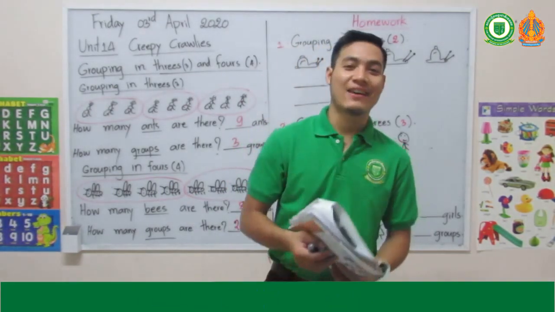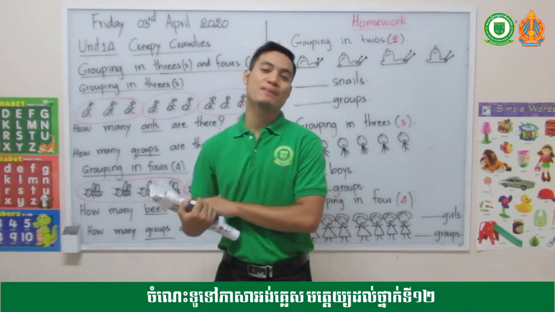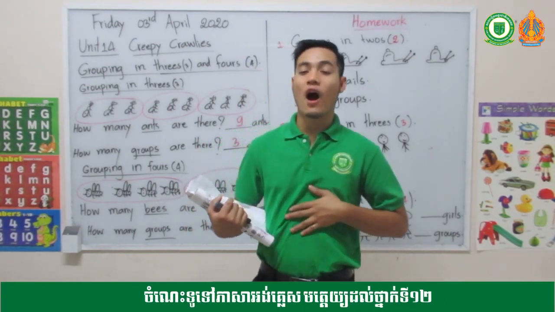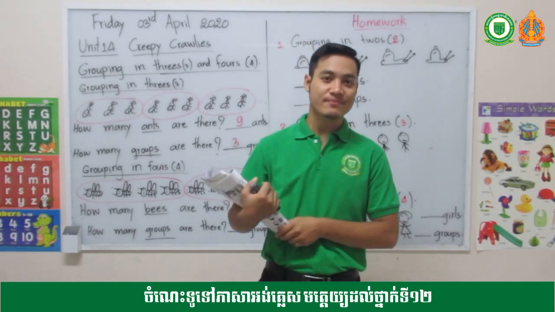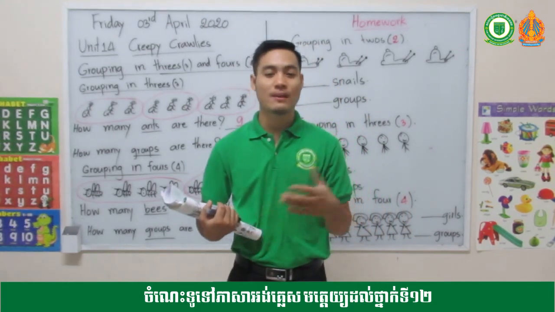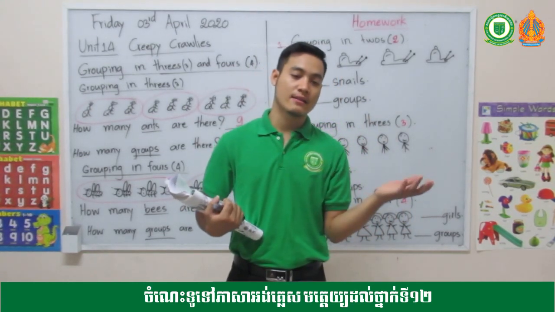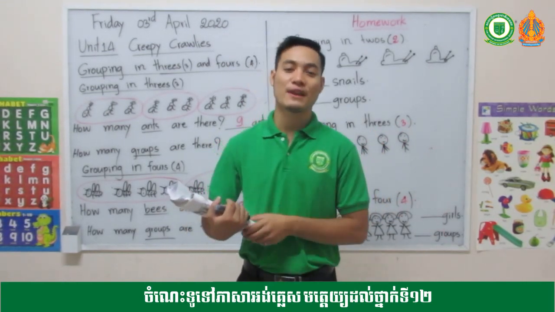As you already know, we learned about K2B maths class, and we already learned about some parts of unit 14, creepy crawlies. We learned about small animals like butterfly, grasshopper, ladybug, bees and other small animals.